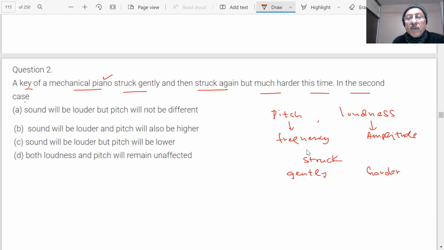What things will change? Sir, amplitude will change. You have to know an exact answer, no guessing is required. Tell me which answer you are giving: A, B, C, D.